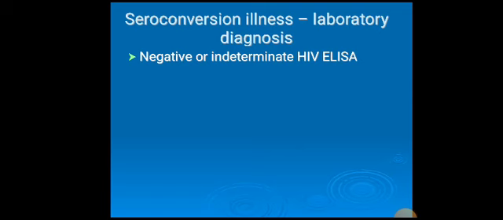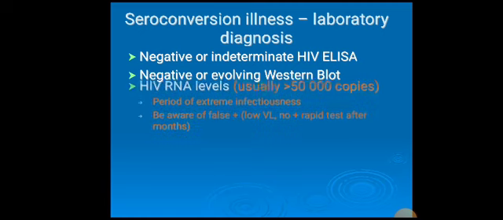Usually during this period the ELISA is negative. This is what we call the window period. So when someone comes with risky behavior in the first days, we tell them to go and come back after 3 months. It may be negative or evolving, so it is better to always do a Western blot, though the Western blot also may be negative.